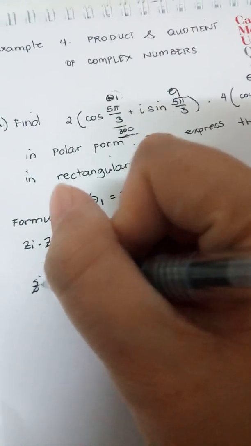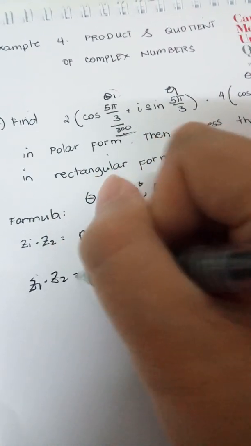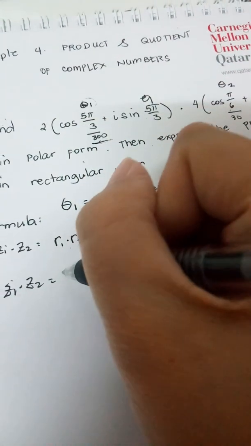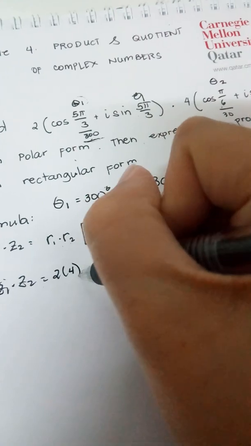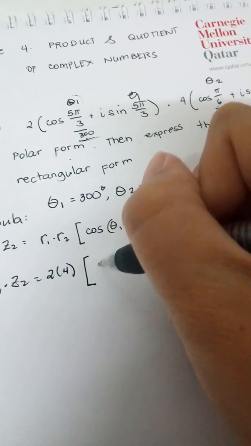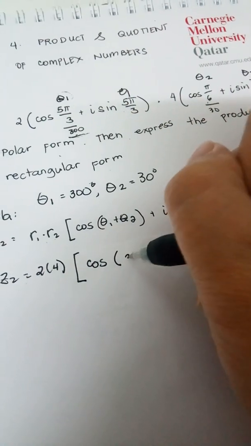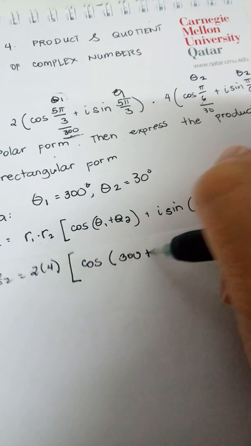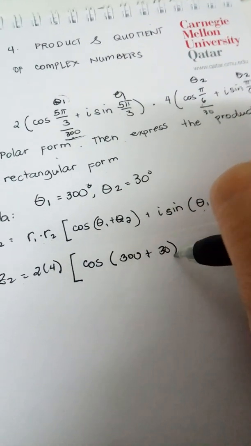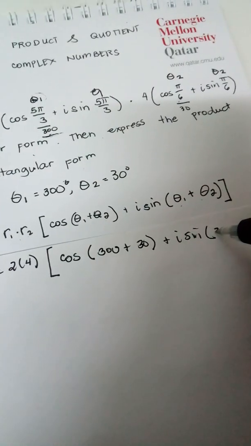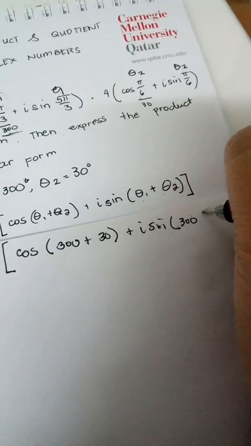So Z1 times Z2 is equal to R1, whatever the value outside the parentheses, so 2 times 4, bracket, I'll copy cosine. What is the first angle? The first angle is 60 and the second angle is 30, plus i sin, the first angle 60 plus 30.